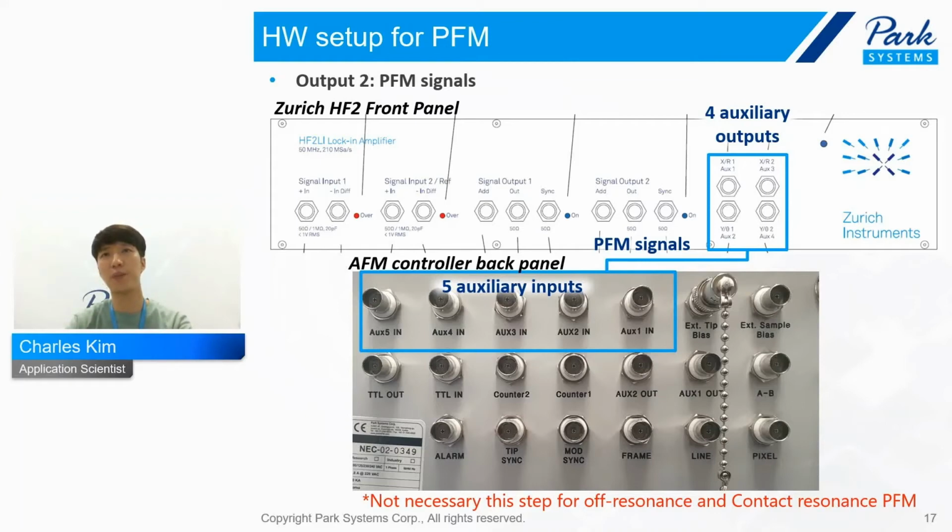Then after the PFM signal calculation, you can connect the 4 auxiliary outputs and the 5 auxiliary inputs between the lock-in and the AFM controller. And here, same, if you want to do off resonance PFM or contact resonance PFM, you don't need to connect any external signal because our AFM controller can do it inside.